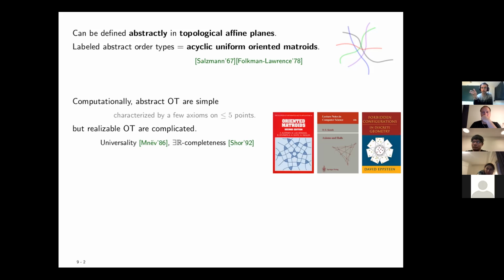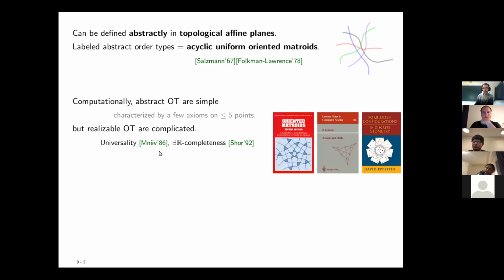The question you just asked is, for example, is it connected? If it were connected, the answer would be yes to your question. And what Mnëv proved is that this set can be arbitrarily complicated. It can have the homology of an arbitrary semi-algebraic set. So the number of connected components is arbitrary, the fundamental group is arbitrary, and so on.